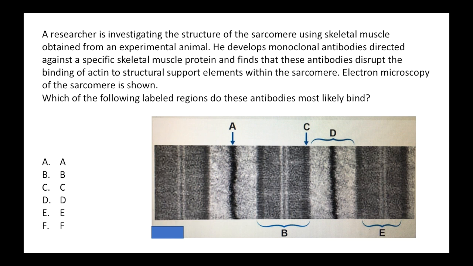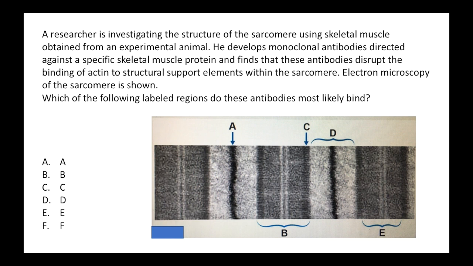A researcher is investigating the structure of the sarcomere using skeletal muscle obtained from an experimental animal. He develops monoclonal antibodies directed against a specific skeletal muscle protein and finds that these antibodies disrupt the binding of actin to structural support elements within the sarcomere.